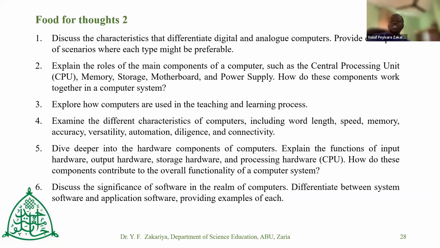So if it's an exam or a test and you're given this type of question and you're explaining input and output devices, then you are wrong, because the question has specified what components of the computer you are to explain their roles. How do these components work together in a computer system?